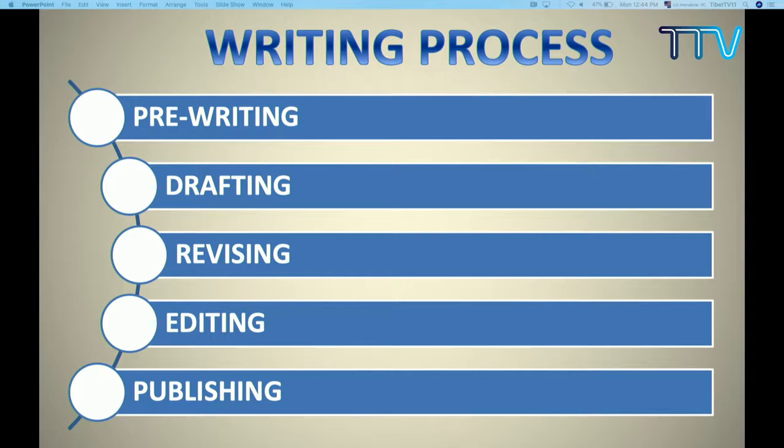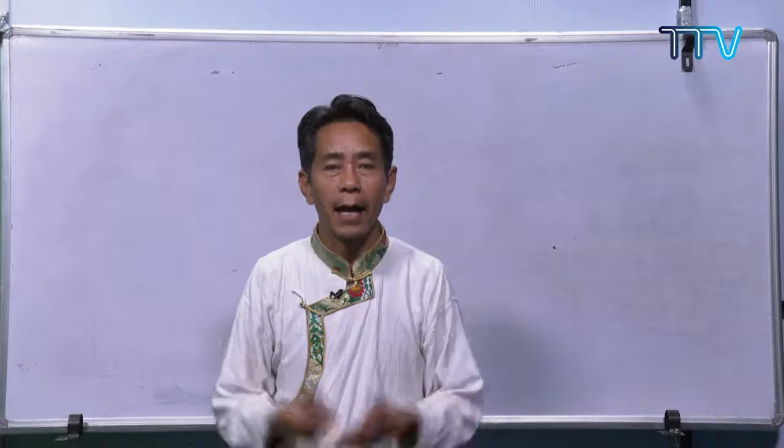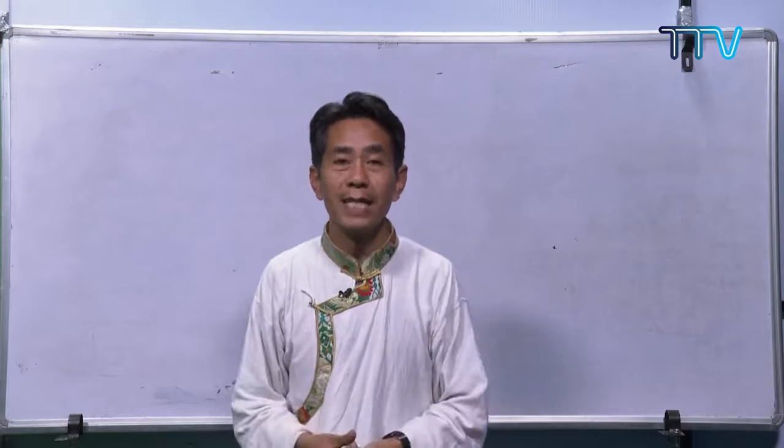It doesn't mean that all these words should be fixed. There may be other writing processes. For example, if you look at the English textbooks from CBSE or NCERT, they follow another writing process called the acronym CODER.